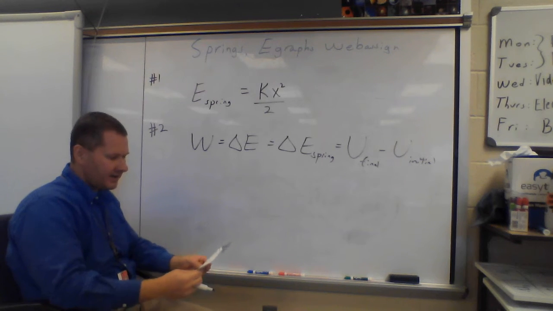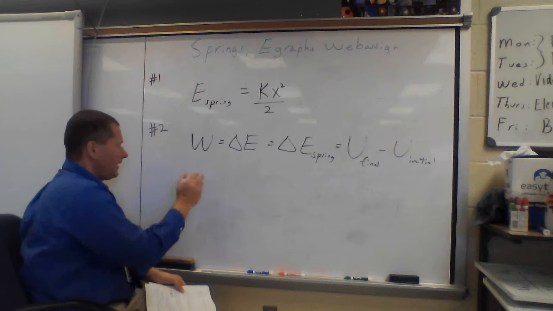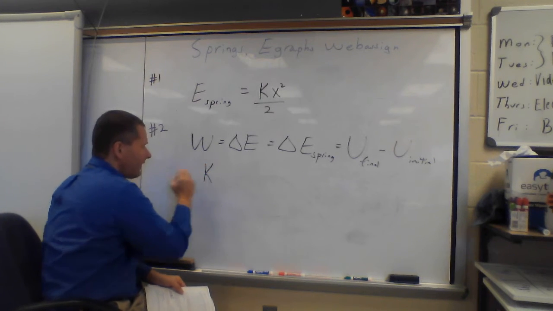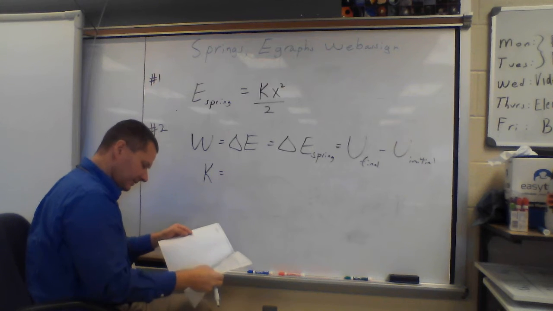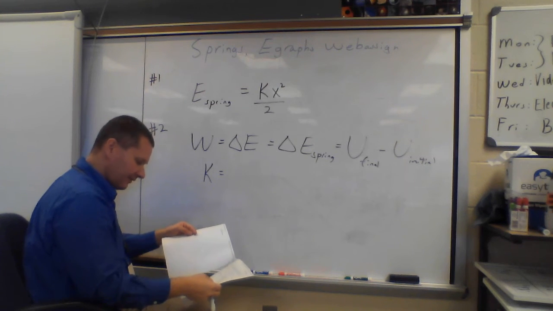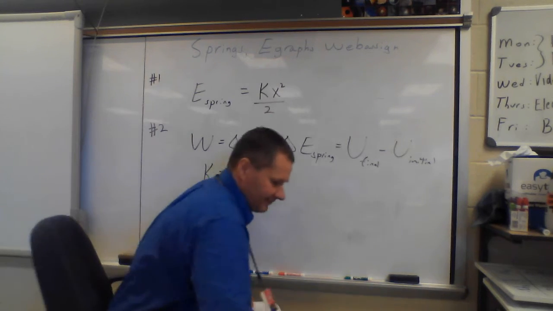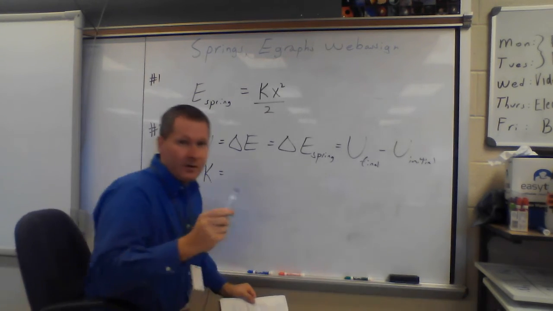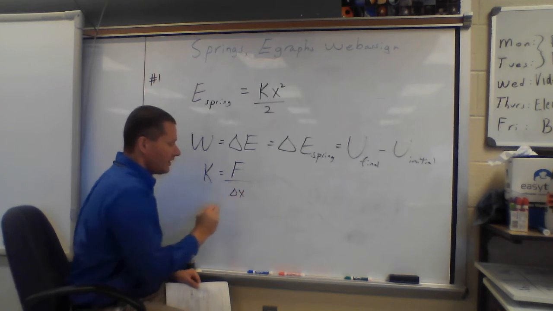Before we even get to that, in the beginning of the problem, you definitely want to find the k. That k is the spring constant. It is going to be different for everybody. It's F over the change in x.